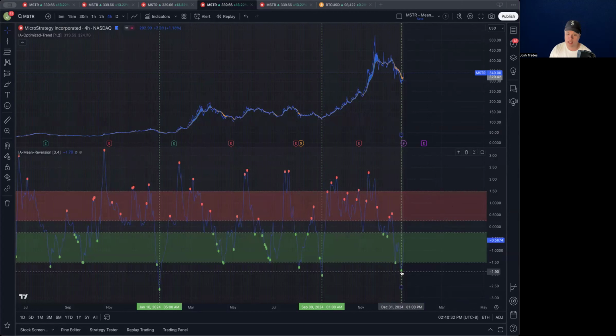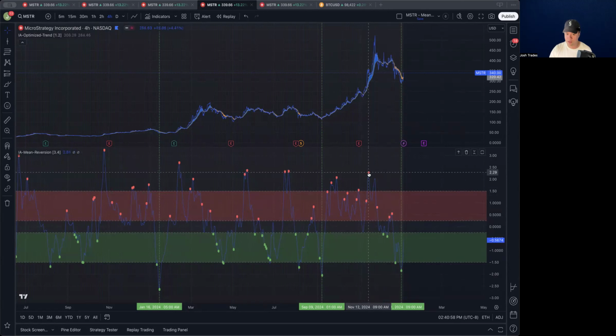We were almost -2 standard deviations on mean reversion, and we'd only seen that in September and in January of 2024. Only twice we had seen mean reversion this low this whole bull run. And this was back when MicroStrategy was at $56 and at 120. So it is a confluence of models suggesting that MicroStrategy is undervalued.